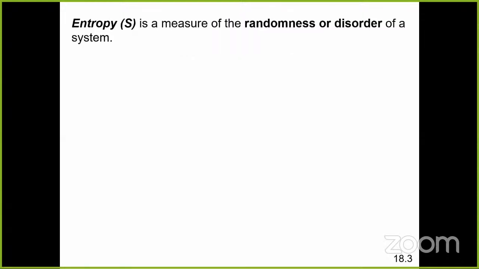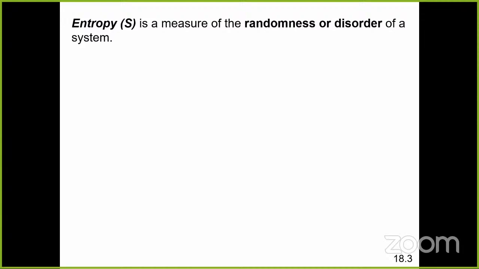So what is entropy? There is an actual technical definition for entropy, but we can work with this simplified version. It is a measure of the randomness or disorder of a system, right?